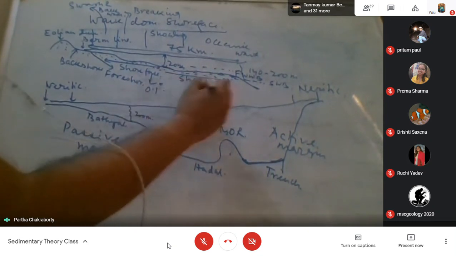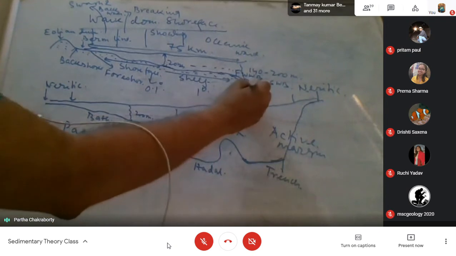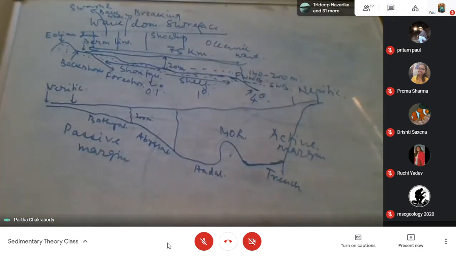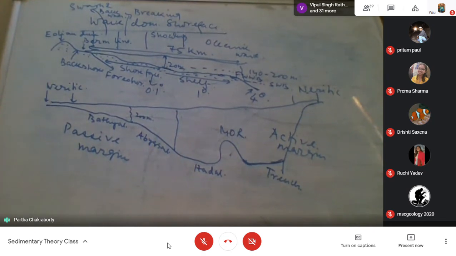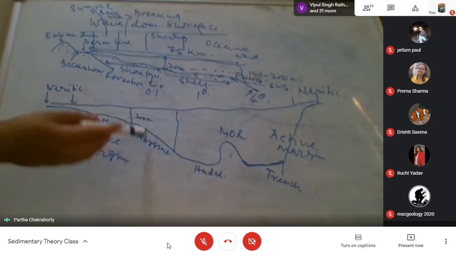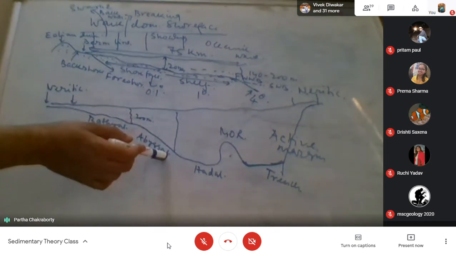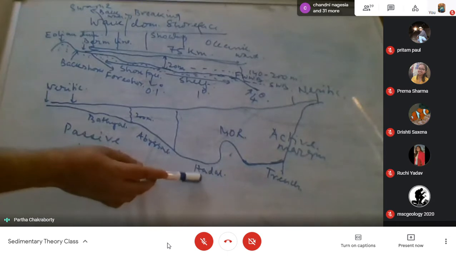The shelf general slope is 1 degree, whereas the continental slope is 4 degrees. So the shore face is 0.1 degree, the shelf 1 degree, and the continental slope about 4 degrees. You have the shelf-slope break here, and then up to 3000 meters on the continental slope you have the bathyal, then the abyssal, and below 3000 meters you have the hadal.